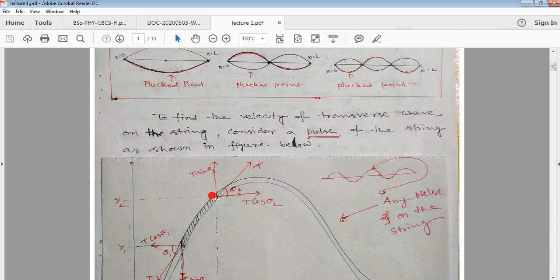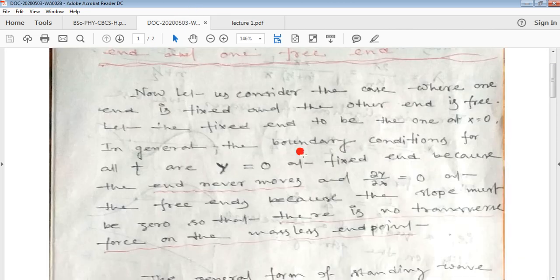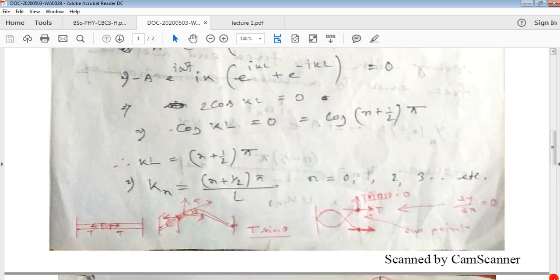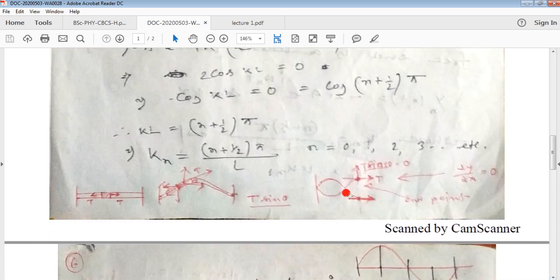And for the case of our string at x equal to L, that is for the x equal to L end, we will have T sin theta 1 minus T sin theta 2 be 0 if and only if the x equal to L end lies at the extremum, either here or here. Then only T sin theta 2 will be 0.